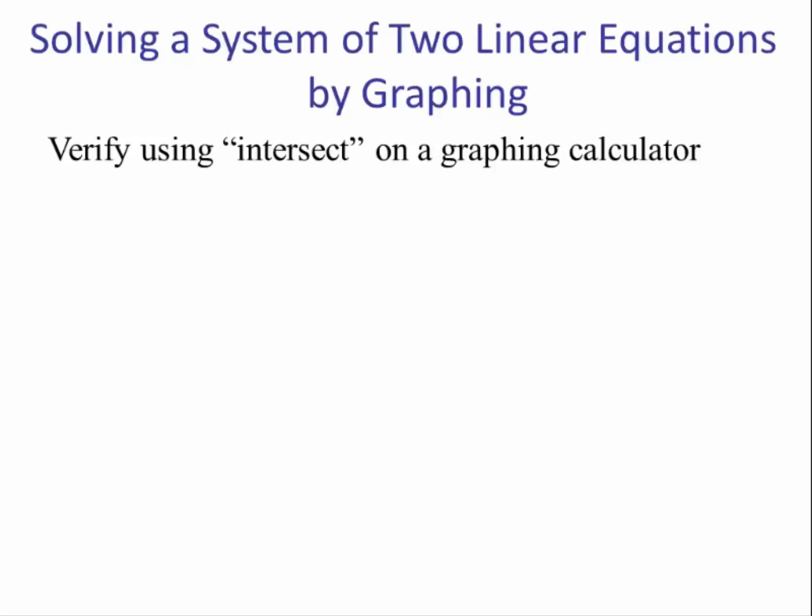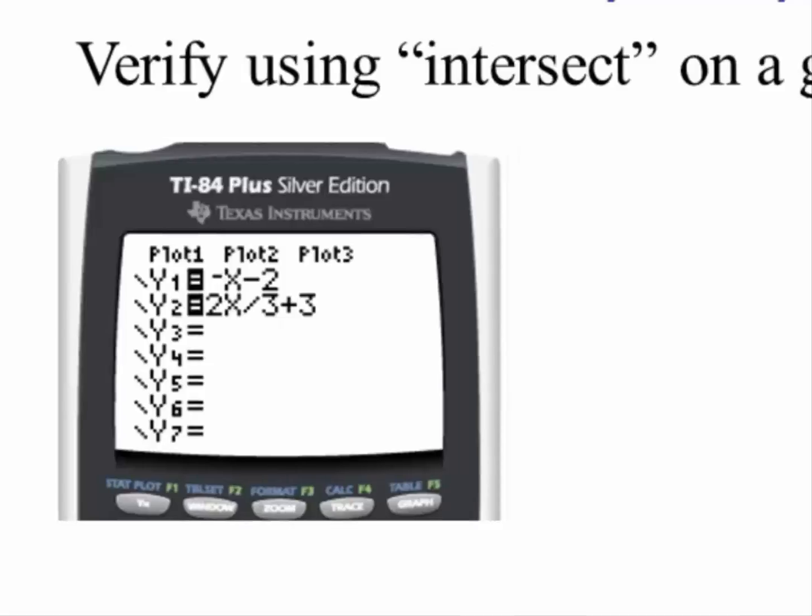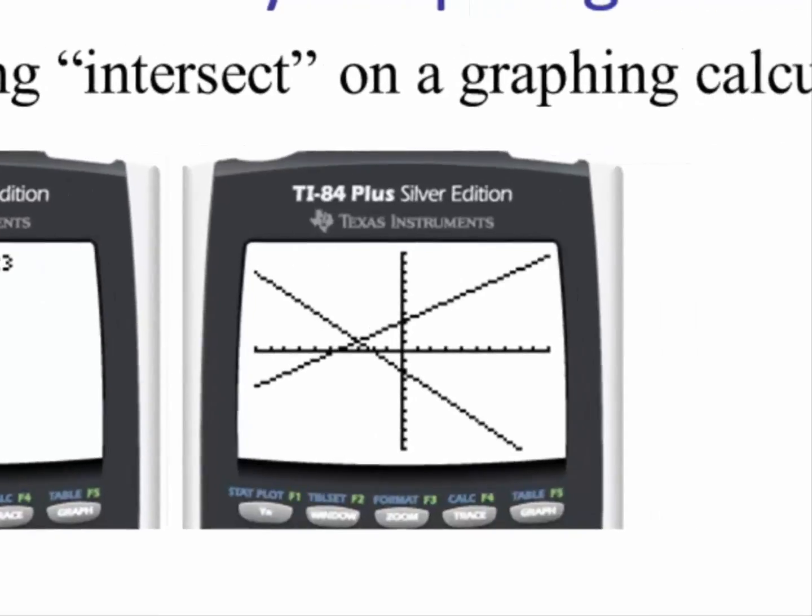Using the graphing calculator, we can type in the first expression in y1, negative x minus 2. For the second expression, 2/3 x plus 3. We can press graph and trace, or we can use the intersection feature.